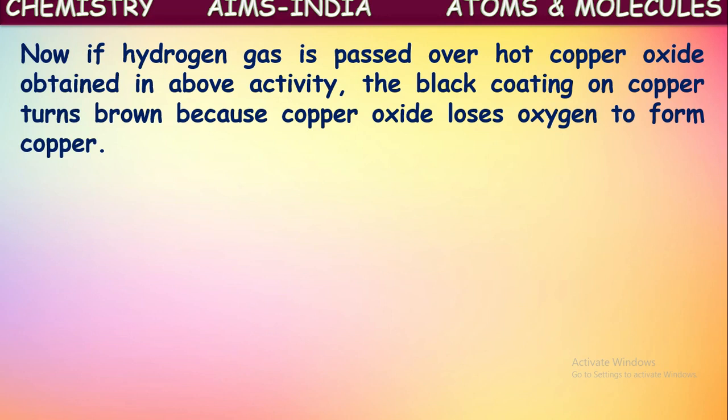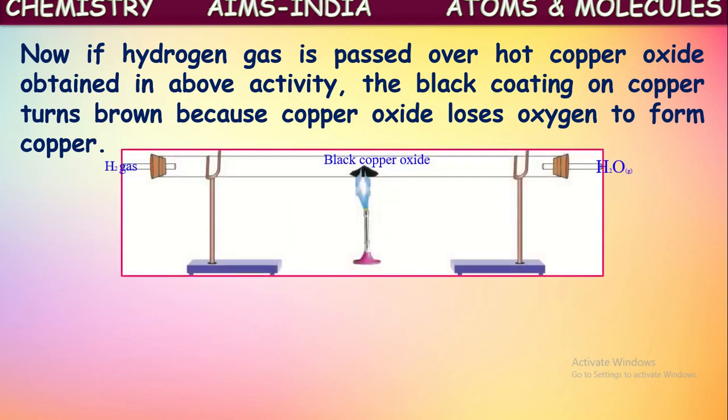Now, if hydrogen gas is passed over this hot copper oxide, what happens? When copper is heated in the presence of air, it converts into black colored copper oxide. If hydrogen gas is passed over this copper oxide, then the black colored copper oxide converts into brown colored copper again.